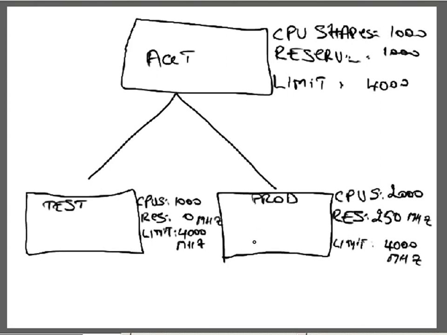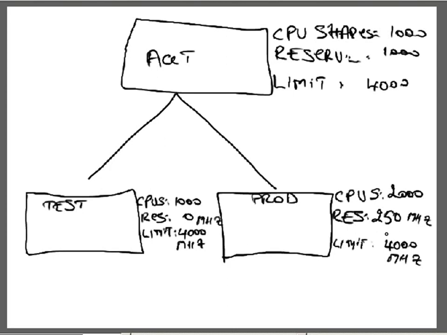Now we're limiting it here. Again, we're giving it a cap of 4,000 megahertz, but we're controlling how it's being accessed in the earlier configurations. Now on the other hand, here in the production resource pool, for reservation we have 250 megahertz, so we're keeping a minimum required for these virtual machines to run properly of 250 megahertz.